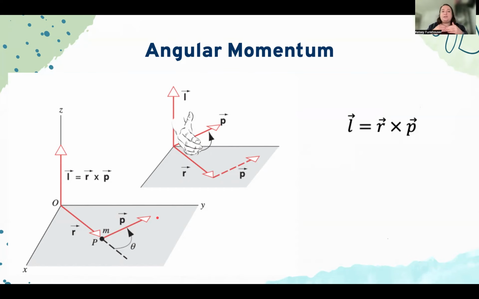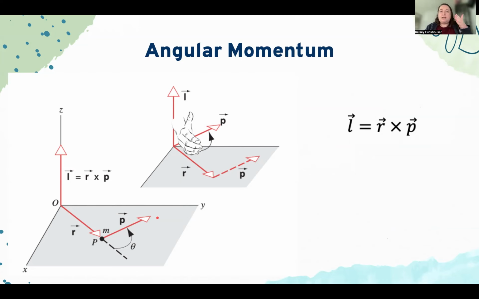So I am going to try and do this with my left hand so that when you see it, it's a little easier to interpret. But make sure you use your right hand. So your fingers point along the direction of the r vector, so pointing out from the z-axis, and then you curl your fingers in the direction of the momentum vector, and your thumb points in the direction of the angular momentum.